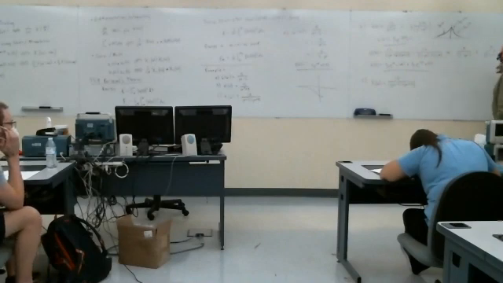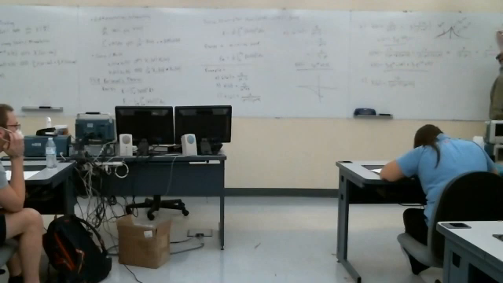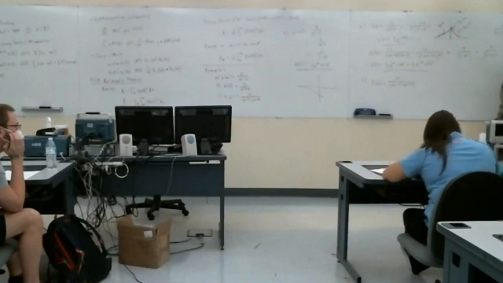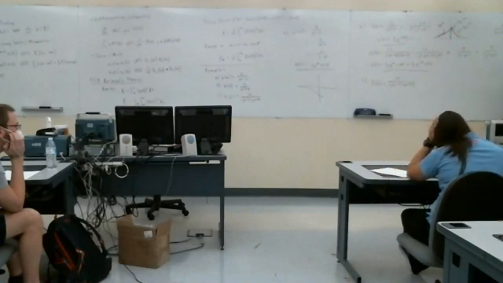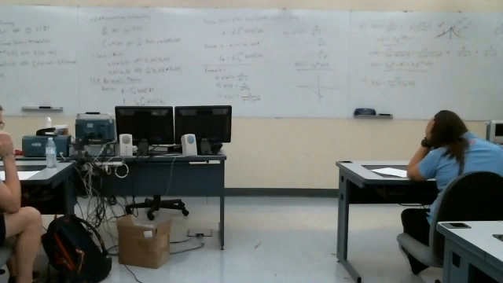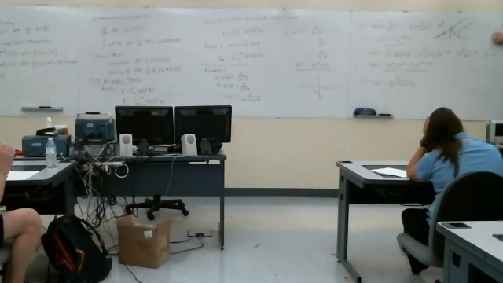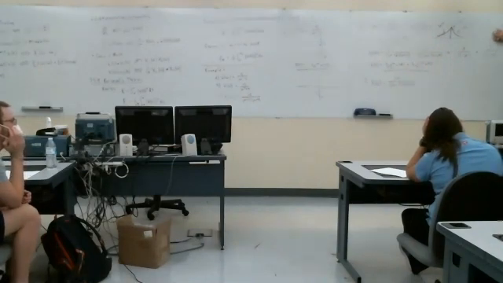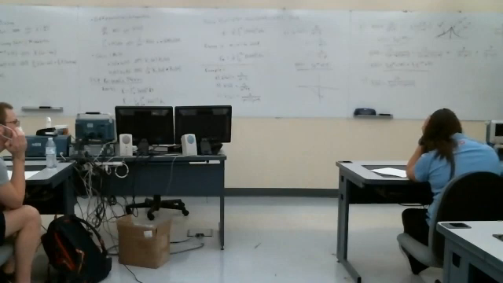And again, if it helps, you could do a trick like this. s plus 2, and then now don't forget to replace s with j omega when you get done, because we're doing Fourier transforms. And so the cover up here would be let s equal minus 1, so I've got 10 over 1. Let s equal minus 2, I've got 10 over minus 1.